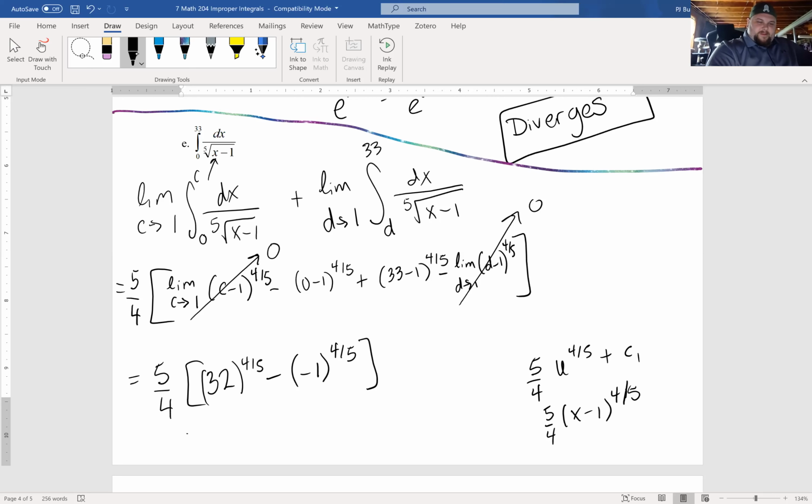So can we simplify that? Well, the fifth root of 32 should give us back 2, right? And then 2 to the 4th would be 16. What about that -1 to the 4/5?